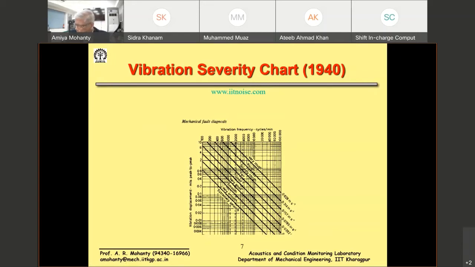But this was not quite right, because as you all know from the dynamics, the rotors, when they are rotating, are placed on the bearings. So actually the bearing vibration gives us a better picture of the condition. So they made an attempt using the strain gauge based accelerometers.